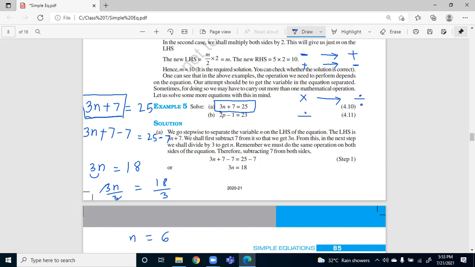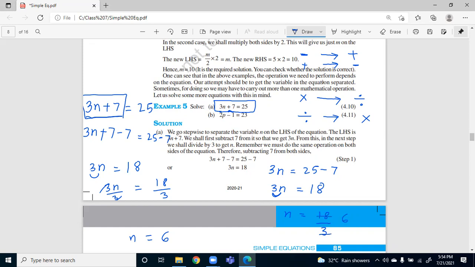If divide goes to another side, it will be multiplication. So see, the signs change when they change the side. So if plus 7 moves to another side, then it will be minus 7. Okay, ma'am. Yes, ma'am. And if this is multiplication by 3, if it goes to another side, then it will be division.